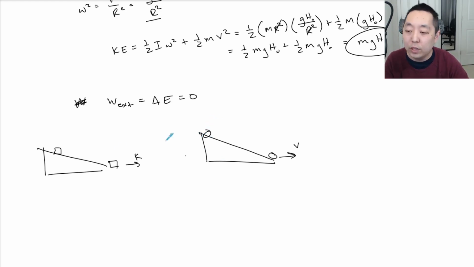You cannot prove that they have to have the same velocity at the bottom. So this question is not about proving whether or not they have the same energy. They're simply saying that they have the same energy. That's a stated fact. And you have to explain why they have the same energy.